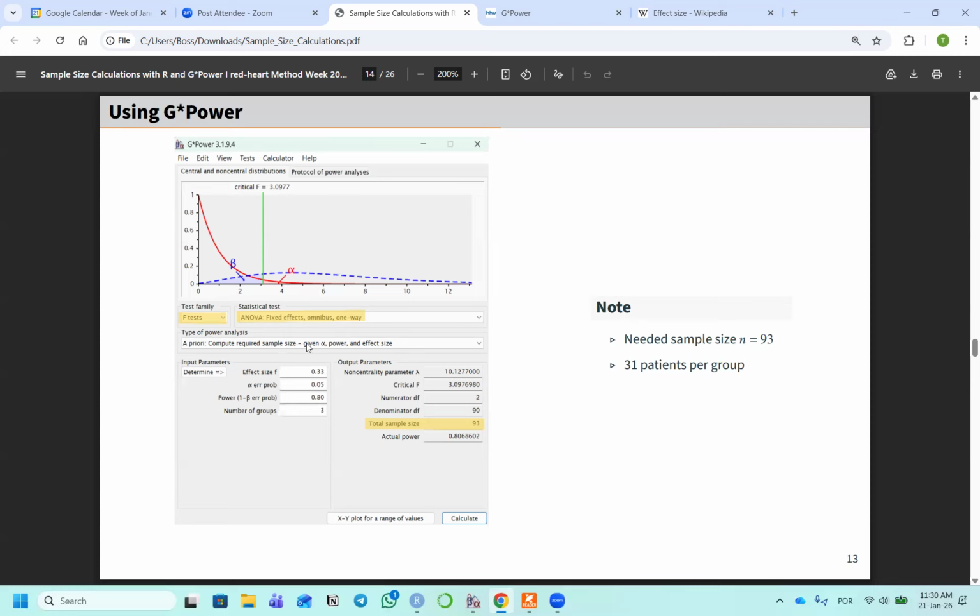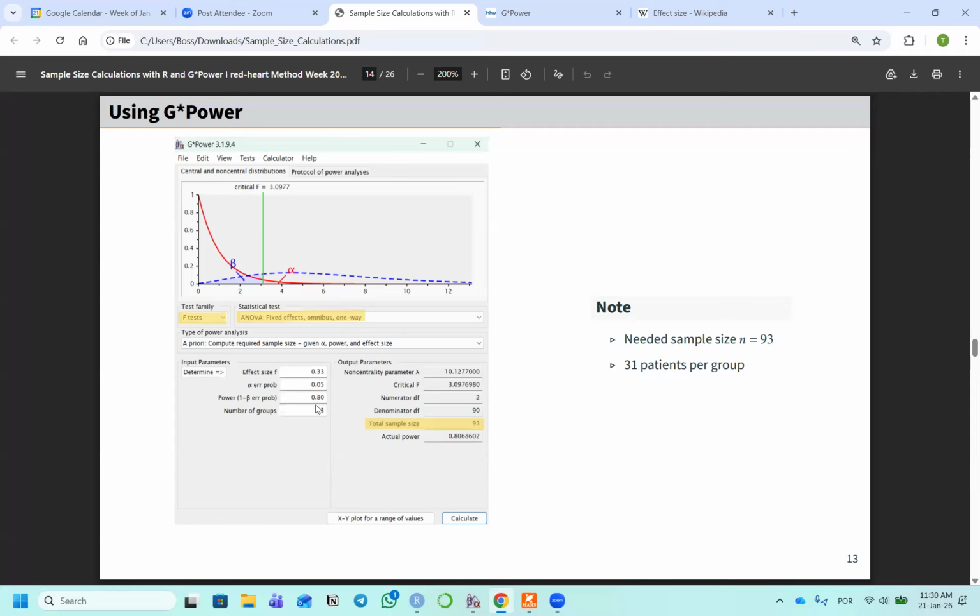And here I'm going to calculate the sample size given alpha, power, and effect size. By the way, you can also switch it and calculate the power. It's very easy, and you can set the parameters here.